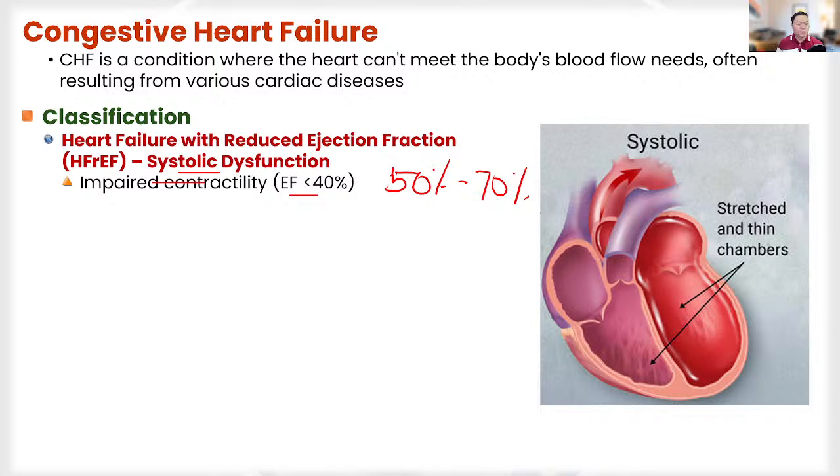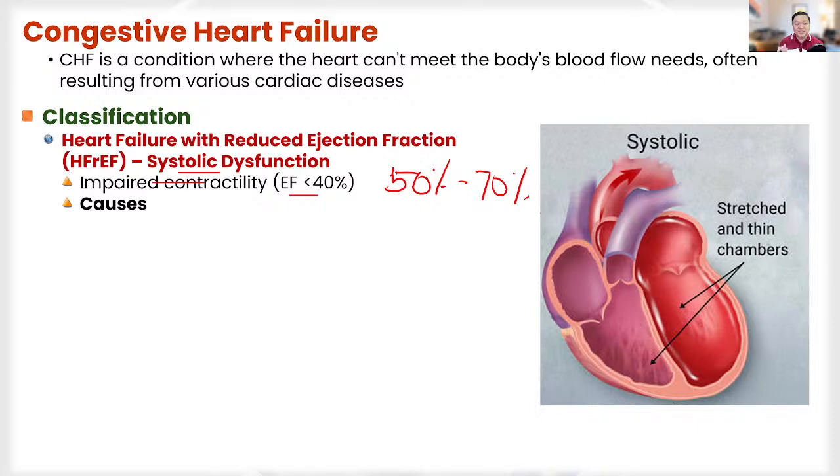Now, why is this called systolic dysfunction? We really need to break this down, guys, so that you will be able to understand what systolic dysfunction heart failure is. It is referred to as such because the impairment occurs when the heart pumps the blood, so it happens in the systolic phase.